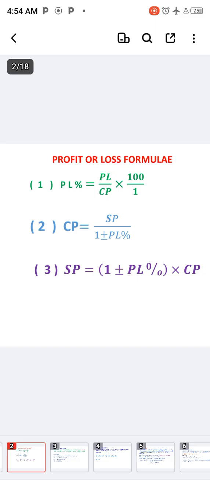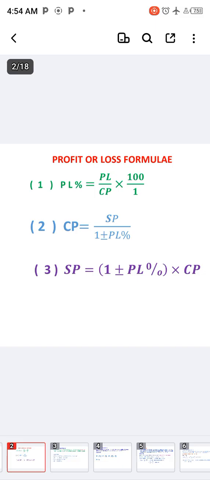And the second formula, that is the formula in blue, says the cost price is equal to the selling price over 1 plus or minus profit or loss percent. That is to say, to calculate the cost price, you'll be given two things.